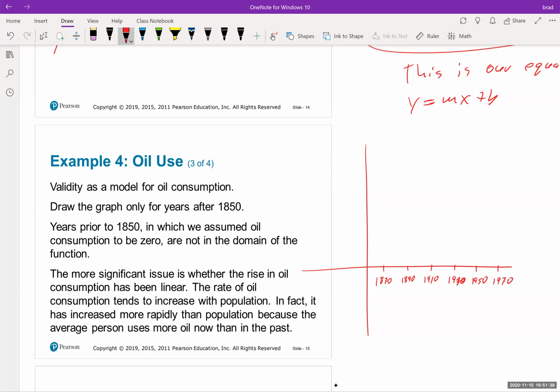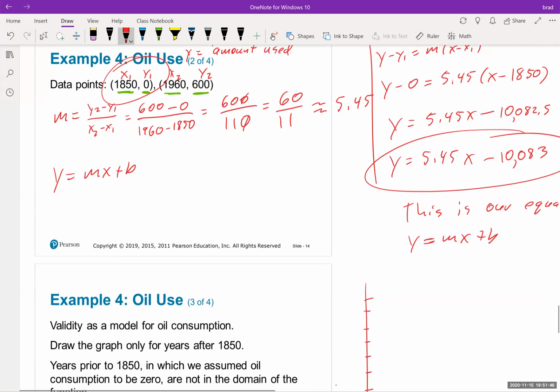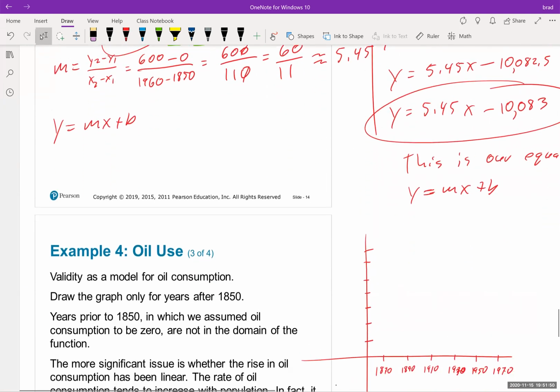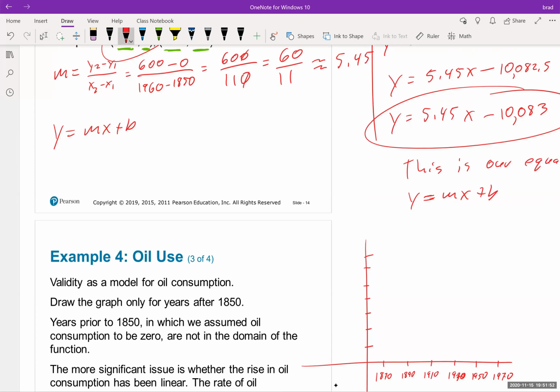Okay, and then this is 1, 2, 3, 4, 5, 6, 7. How much does it go by? Let's go by 100. Oh, wait a minute. Let's go by 5,000. I think we got to go by 10,000s.